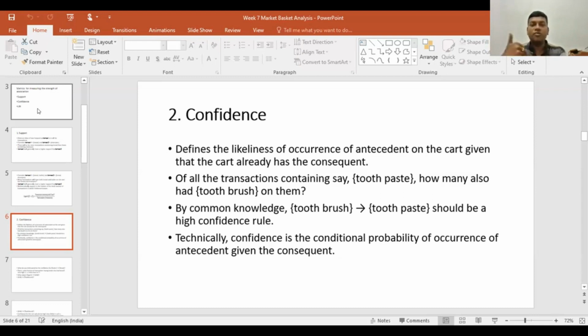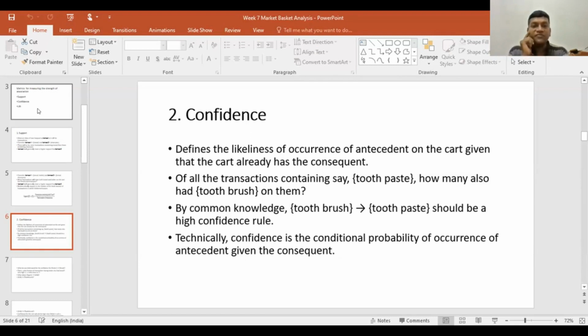The conditional probability means: what is the probability that you would have purchased A with the full knowledge that B has already been purchased? Like if you are told that milk is purchased, then you're trying to figure out what is the probability that bread is also in the basket.